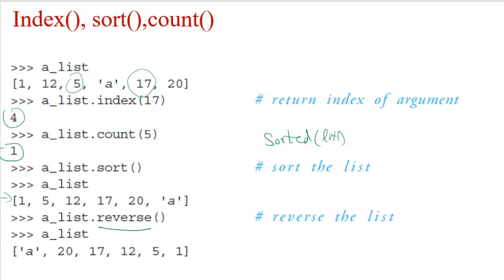You need to redefine a new list. Here you can see that the original list that we started with has changed. It has been sorted, and then if you reverse it, that sorted list is now reversed, starting with this element A at the beginning and a 1 at the end now.